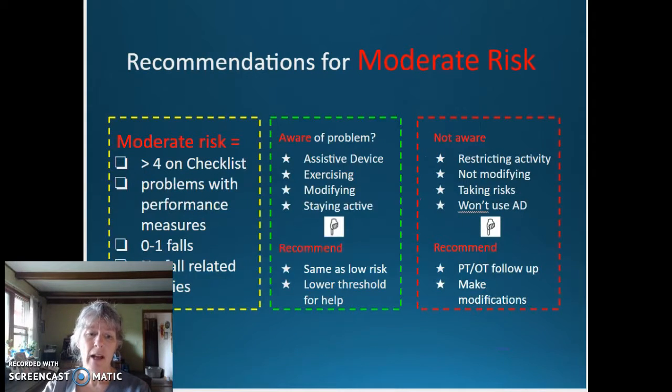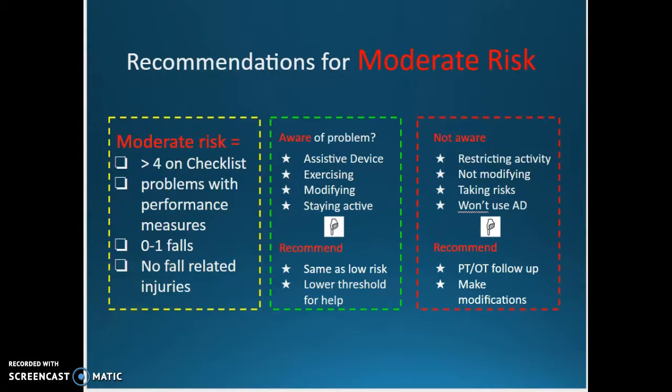Next, for patients who are at moderate risk. This means that they've scored over 4 on the self-assessment checklist. They've had problems with their performance measures. They have 0 to 1 falls in their history, but they've had no fall-related injuries. We find that there's 2 broad categories of people who are at moderate risk. Some are aware of the problems and they've compensated.